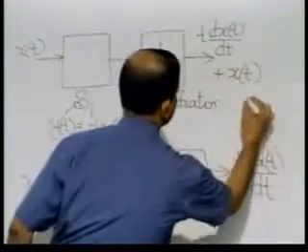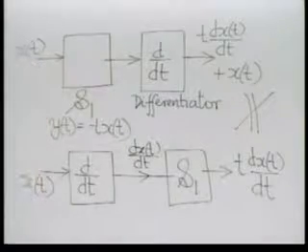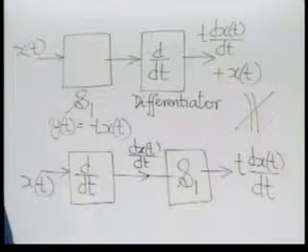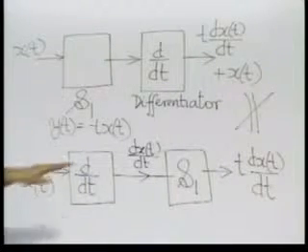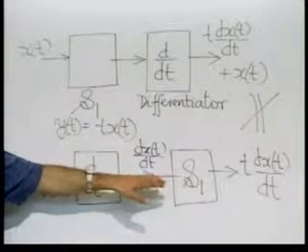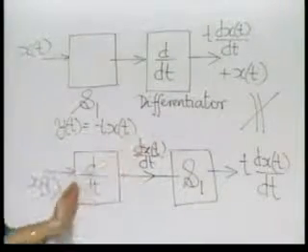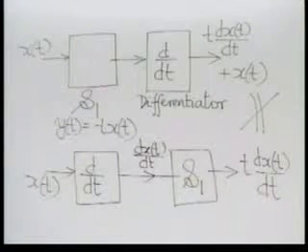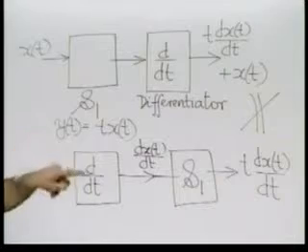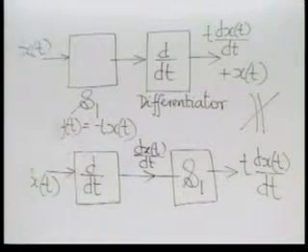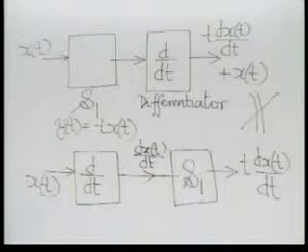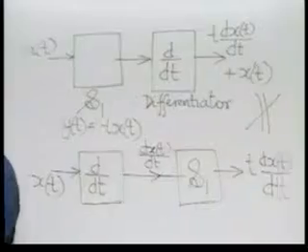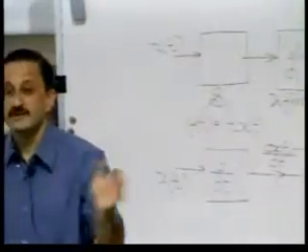And these are not equal. So it's very clear that even if one of the two systems in the cascade is not linear and shift invariant and the other is, still an interchange of the order is not acceptable. So this proves that it's not enough that one of them be LSI. Both need to be LSI.